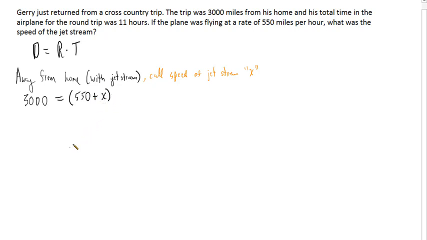And we don't know how long it took, so let's just call that time t1. Now notice I can divide through by 550 plus x, and then I have t1 is 3,000 over 550 plus x.